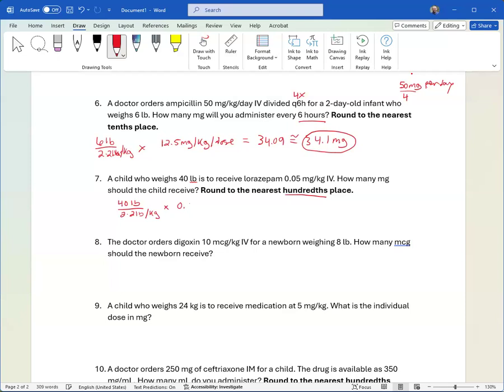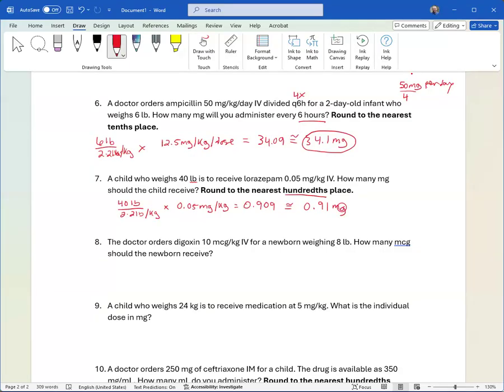Times my 0.05 milligrams per kilogram. And I'm going to get 0.909. It says round to the hundredths place. So when I do that, I'm going to get 0.91 milligrams.